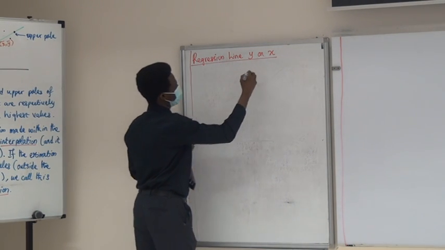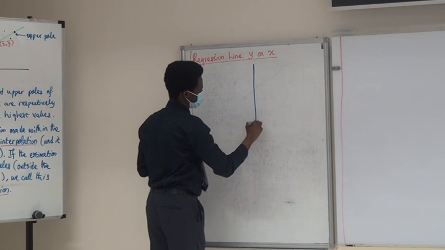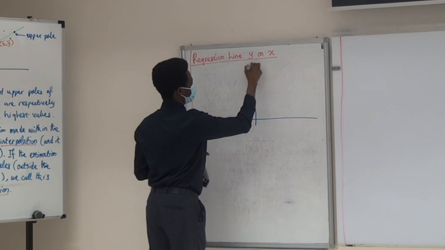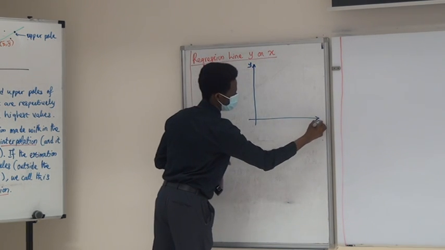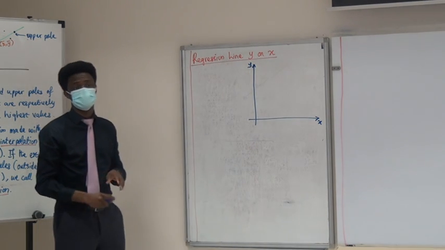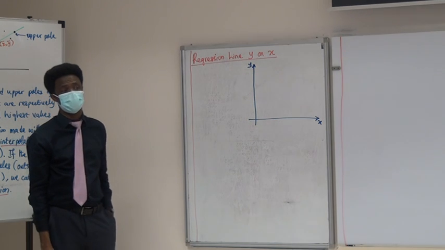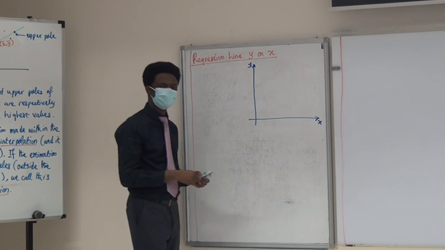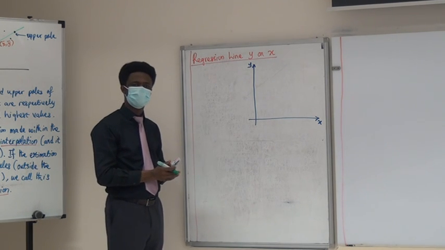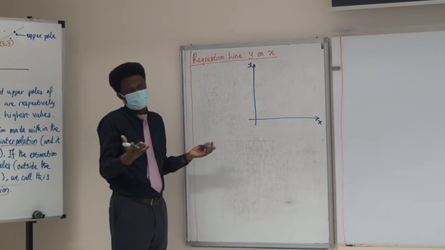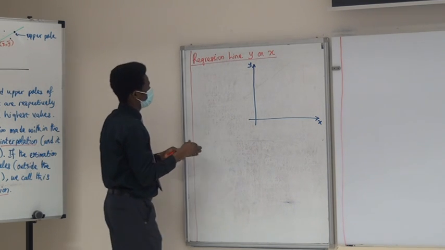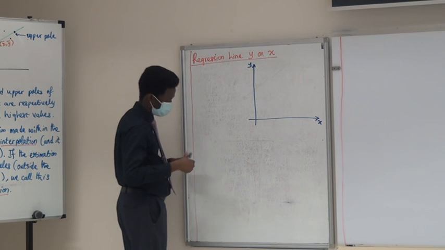Let's look at this scatter plot. The y-axis is always the y-axis, x is always x, whether you are dealing with y against x or x against y. Am I making sense? We are interested in finding a line, which means we have an equation. Let me write something like a preamble.